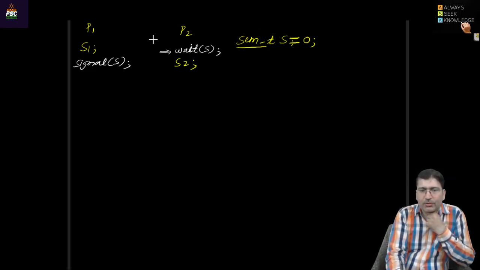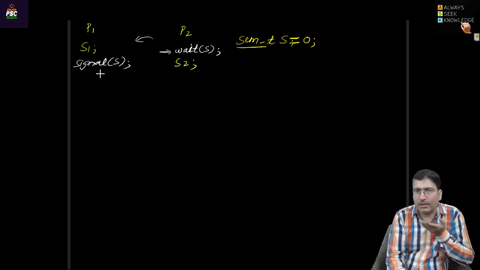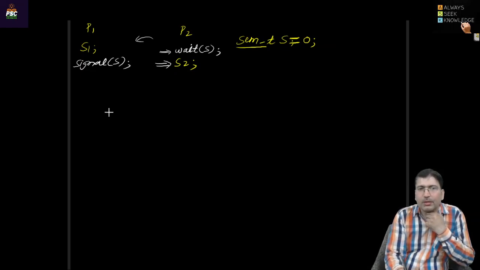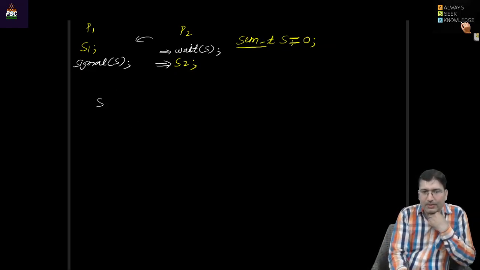But let's say context switching happens and P1 starts executing. Then P1 will execute S1 and then signal the semaphore variable S. So the value of S will become 1, and once it becomes 1, P2 will be able to execute statement S2. In such a manner we are synchronizing this order. First S1 will execute, then S2 will execute, with the help of the semaphore.